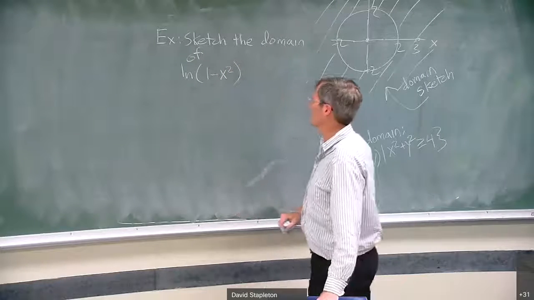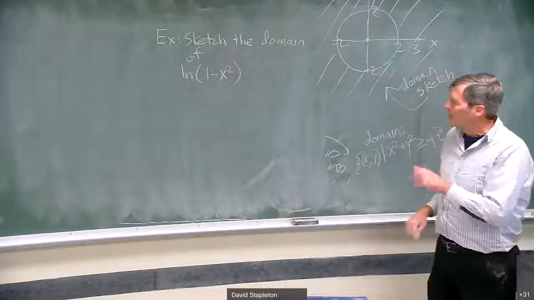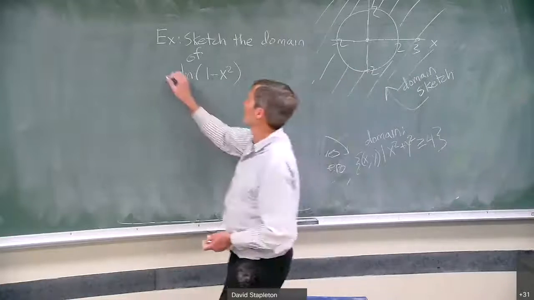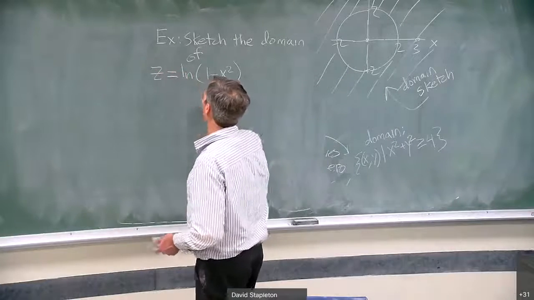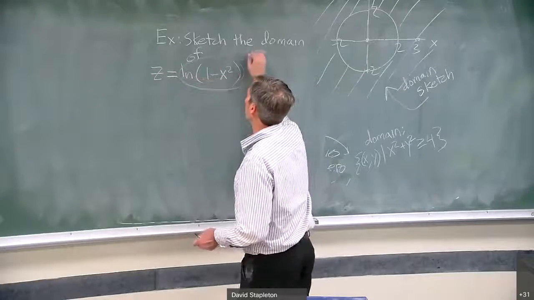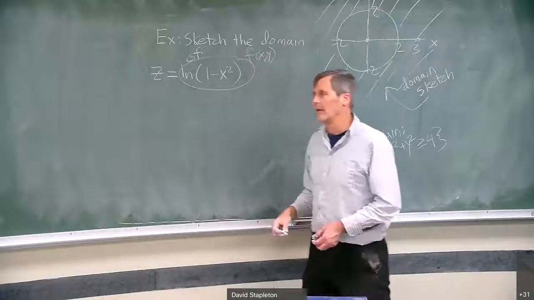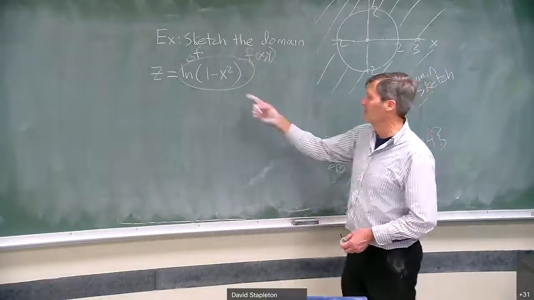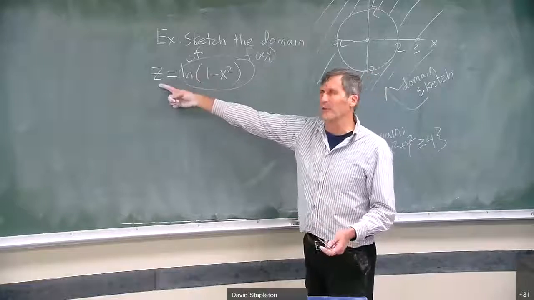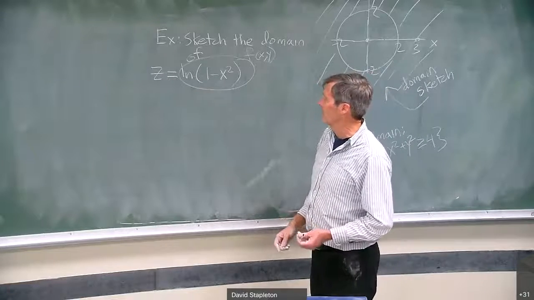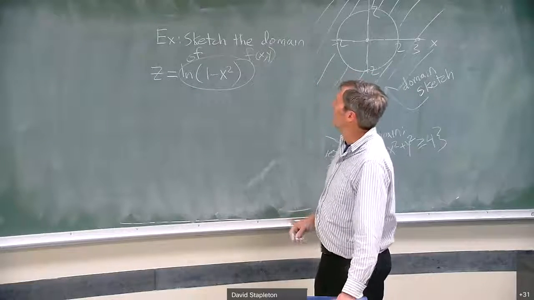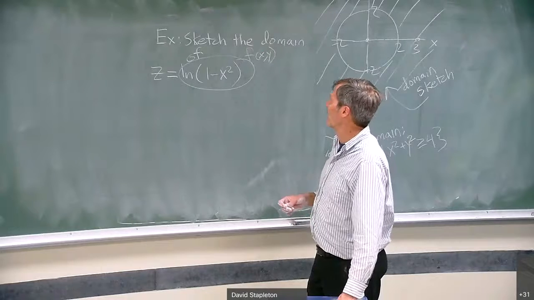I'll let you do the one that's on there. If I put z equals ln of 1 minus x squared, but I'm thinking of this as a function of 2 variables, then I still have to plot it in 3 space, right? If this is a function of 2 variables and y can be anything, and you still get this rule for z, we'll sketch it in 3 dimensions. So what do we sketch for the domain?